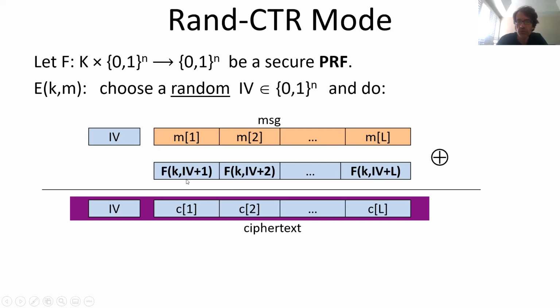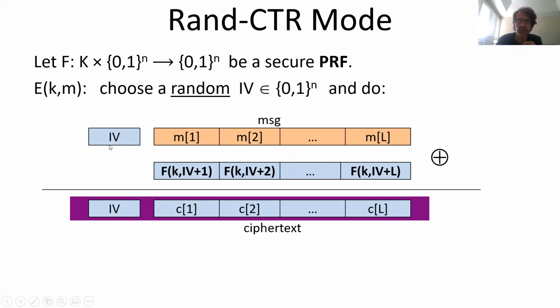So there are elements of the counter mode here. I just increment this counter, but this counter doesn't have to be permanently stored. When I'm done with this message, I forget about it, and when the next message comes, I choose a new IV and rerun this on basically new arguments.